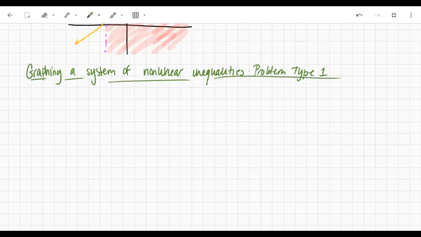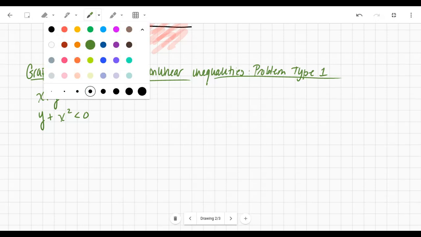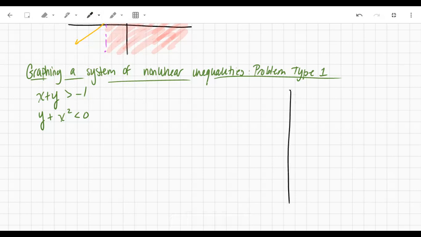Okay, so for this one, we'd have x plus y is greater than negative 1, and y plus x squared is less than 0. So the first one, you should be okay with graphing that. It's your line in standard form. Again, it would be dashed.